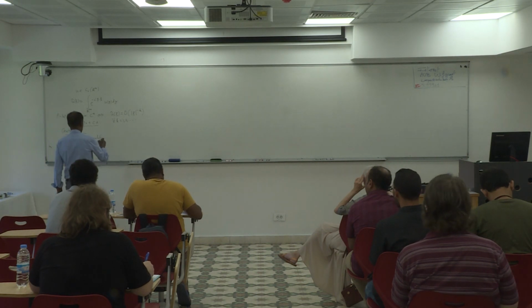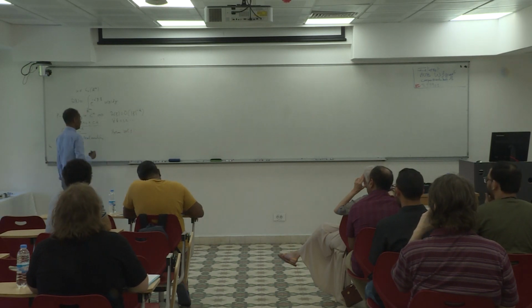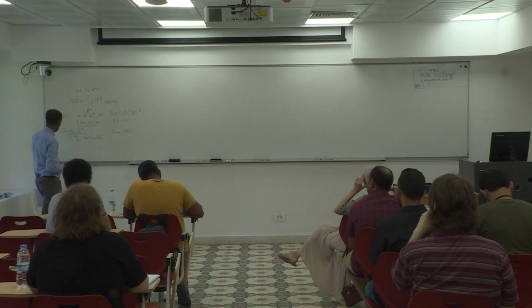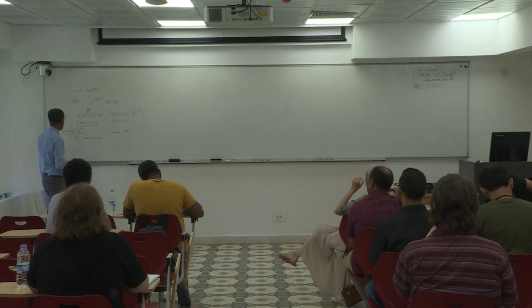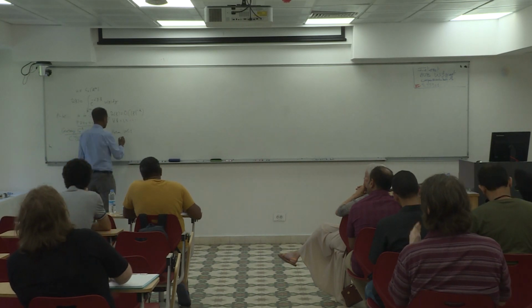Let me give you a reference: the book by Hormander, volume 1, The Analysis of Linear Partial Differential Operators. There is a chapter where he talks about how the Fourier transform characterizes real analyticity.